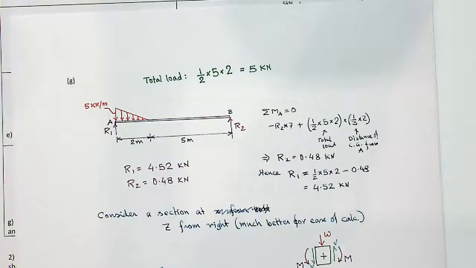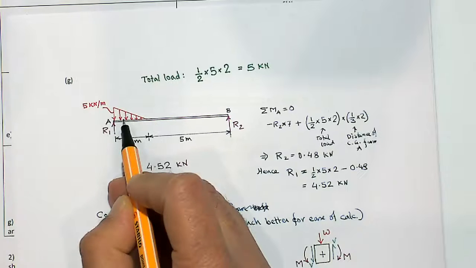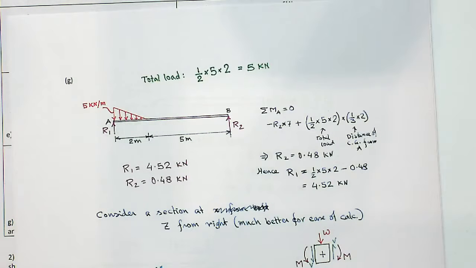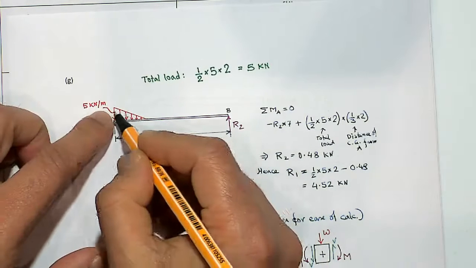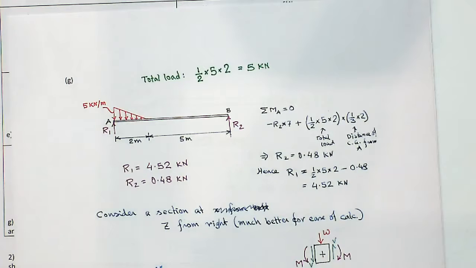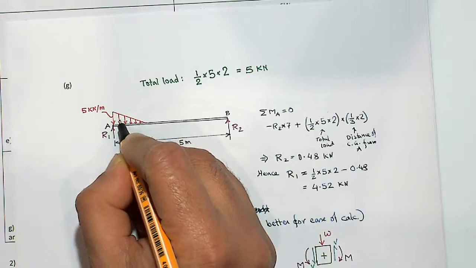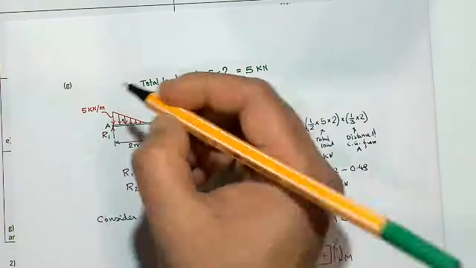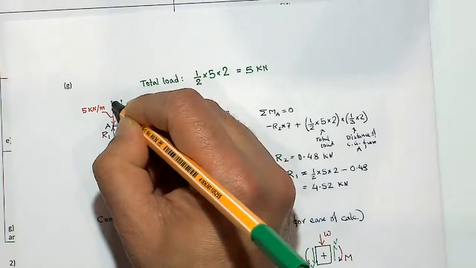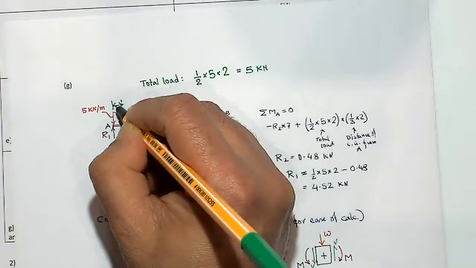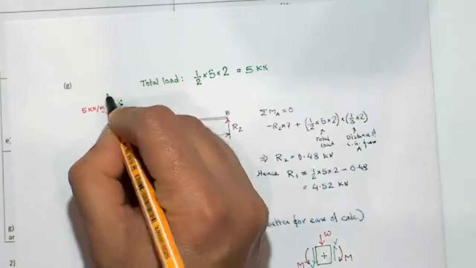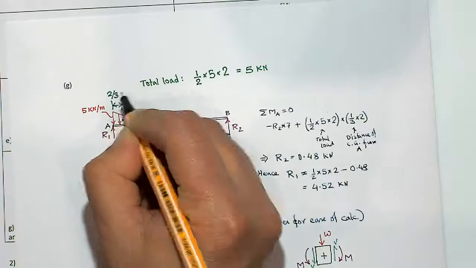Now where does this act? This will act at the centroid of the triangle. The centroid of the triangle is always 1/3 from the base. So if this distance is 2 meter, that would be 2/3 meter.